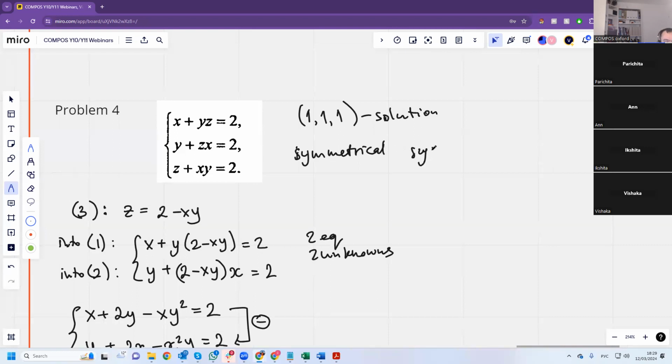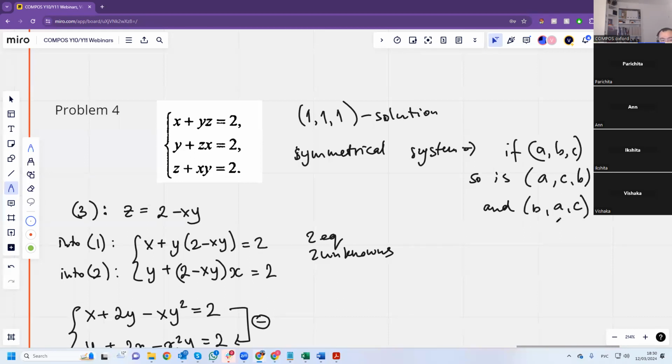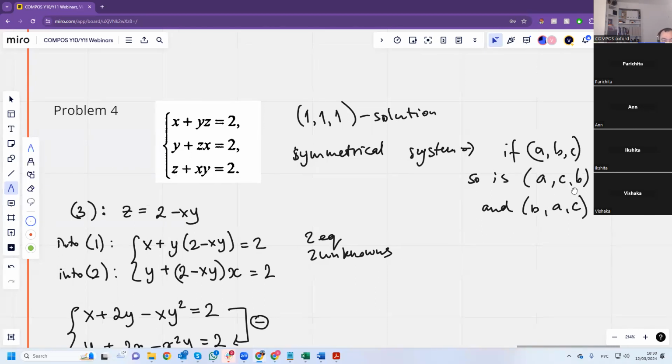Therefore, if A, B, C is a solution, so is A, C, B, and B, A, C. Oh, there's 6 of them.